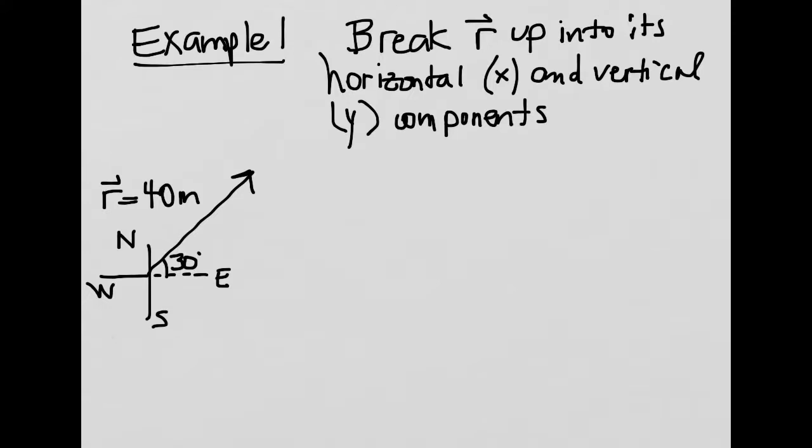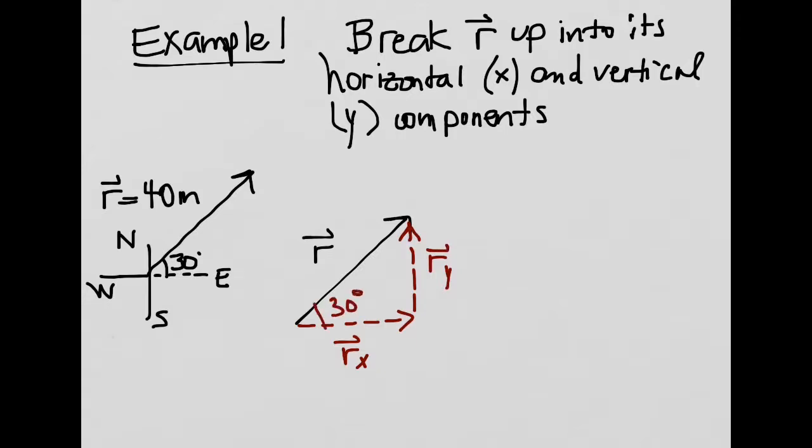So what we are going to do is create a triangle with vector R as the hypotenuse. Our x is going to be the x component, and it's going to be pointing eastward because part of this vector is east and part of it is north. The vertical component will be called Ry, and then our angle we put in there is 30 degrees.